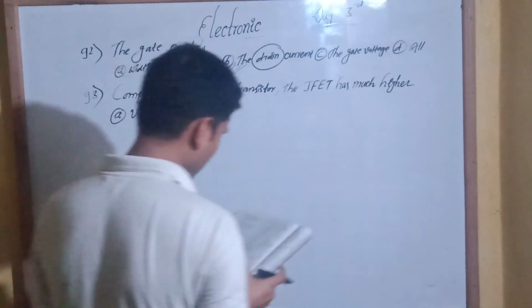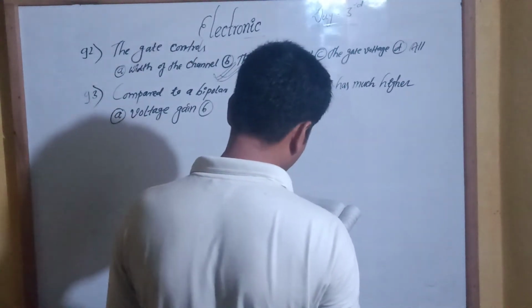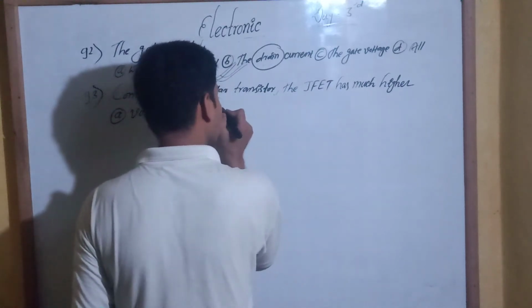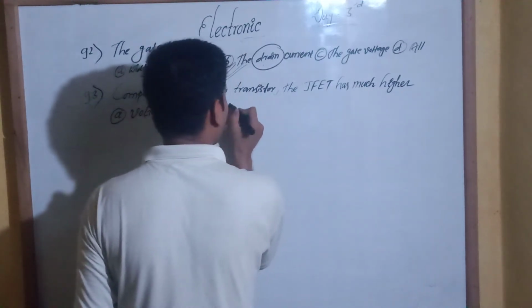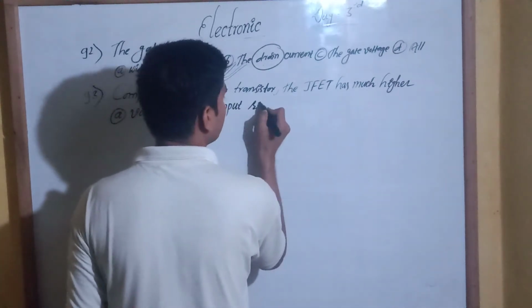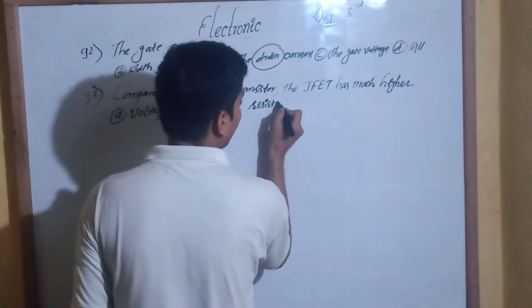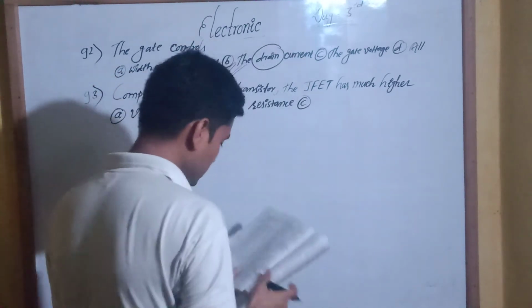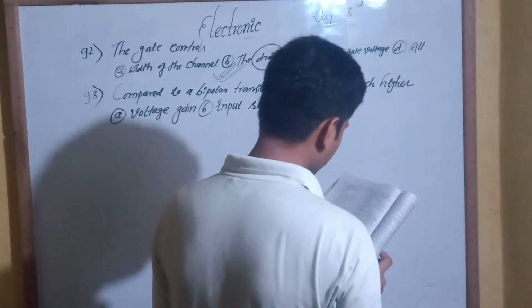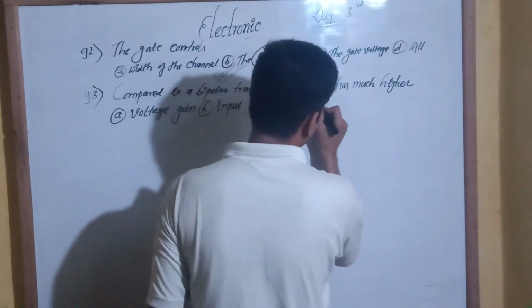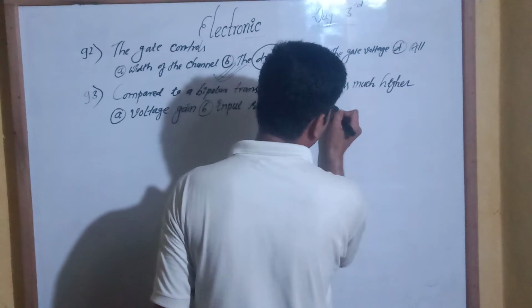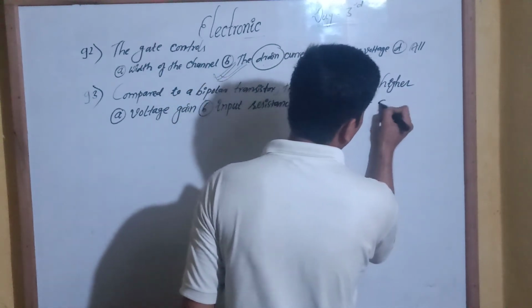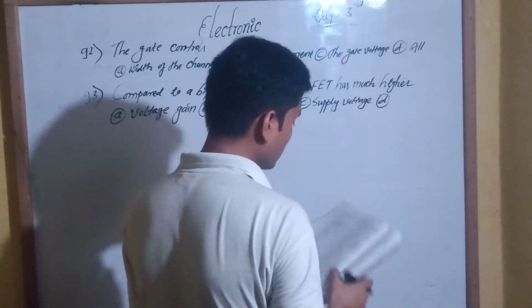Option B: input resistance. Option C: supply voltage. Option D: current.